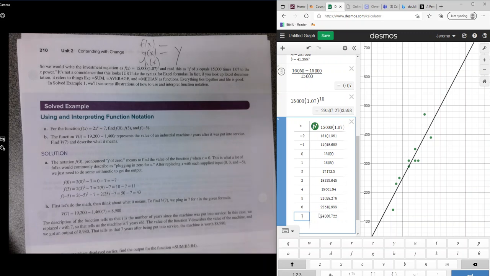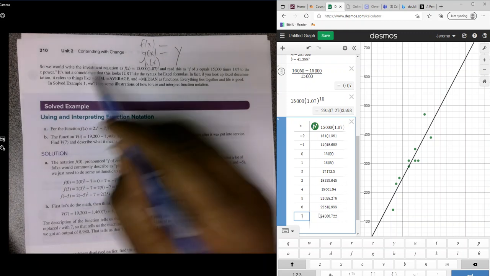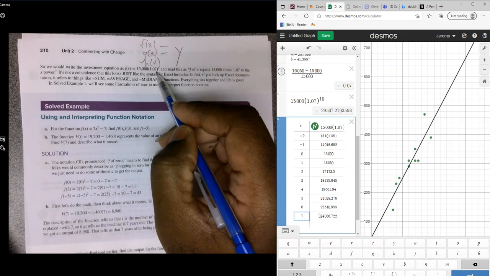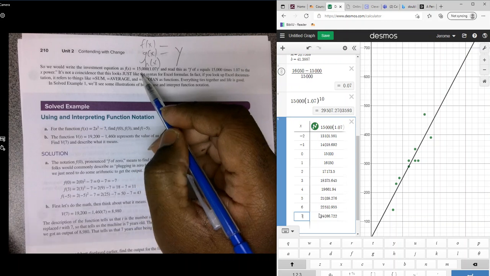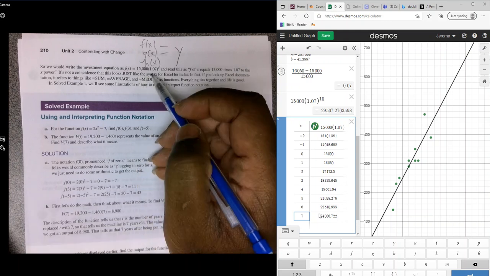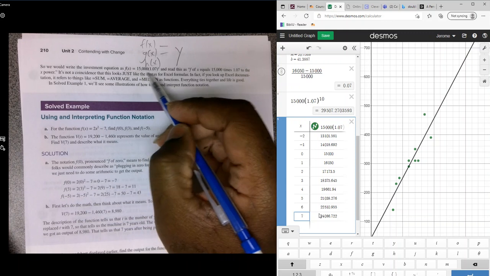So we will write the investment equation as f of x is equal to 15,000 times 1.07 to the x. Now remember, we had talked about this too, that f of x is the same thing as saying y, because remember we had y is equal to 15,000 times 1.07 to the x.